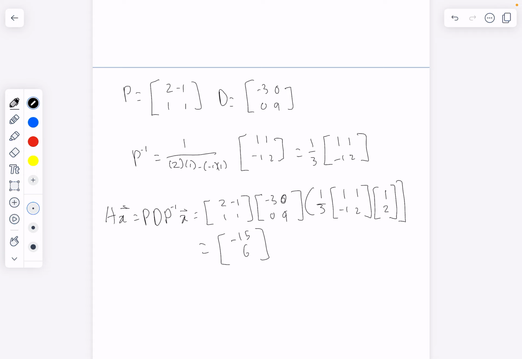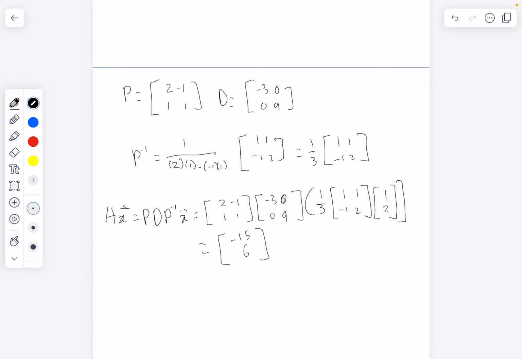So to compute P inverse, we use the inverse formula for a 2 by 2 matrix. And then A of x equals PDP inverse times x. When we carry this out, we arrive at A of x once again equaling (negative 15, 6).